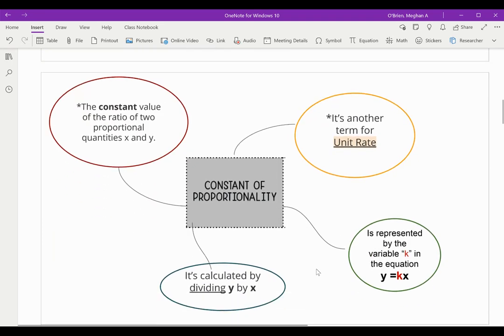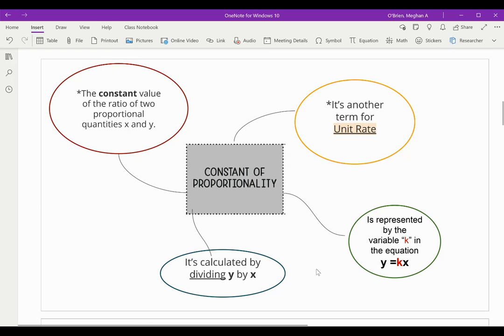So what on earth is this constant of proportionality idea? Well, first, it's the constant value of the ratio of two proportional quantities, x and y. That sounds really fancy, but it's basically another term for the unit rate. When we compare the x and the y, those two different things, the constant of proportionality is just the relationship between them, the unit rate.